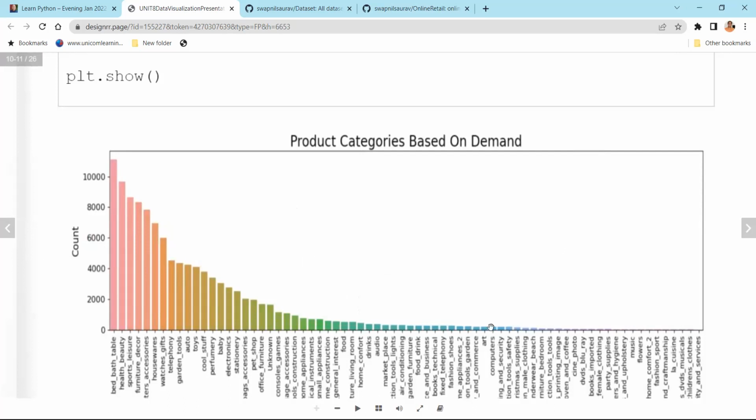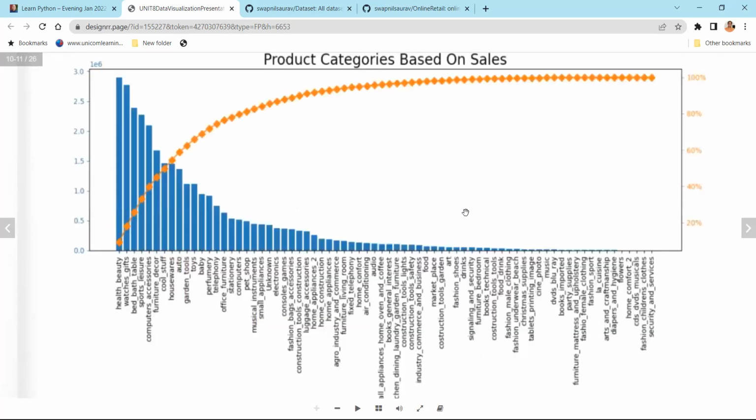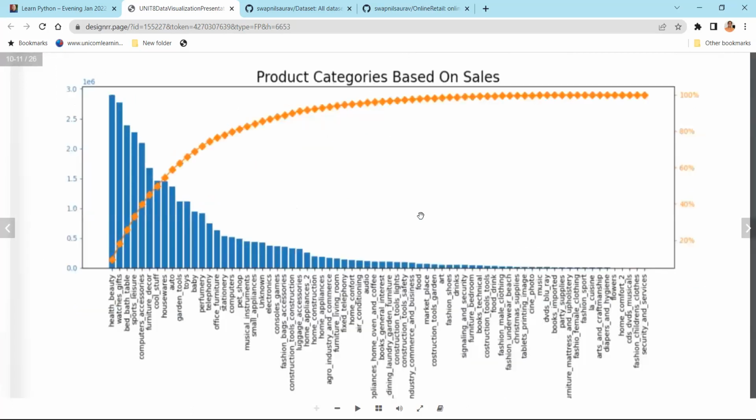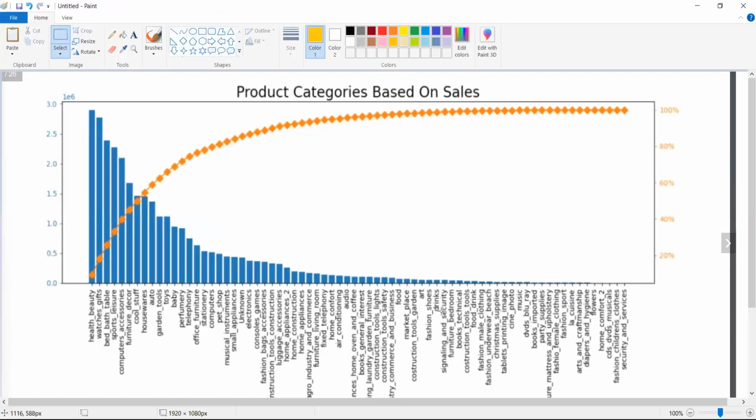So how do we prove that? We are drawing the products, and here we are drawing based on the sales. So if I take this graph and put it on Paint, now you see here, where is 80%?